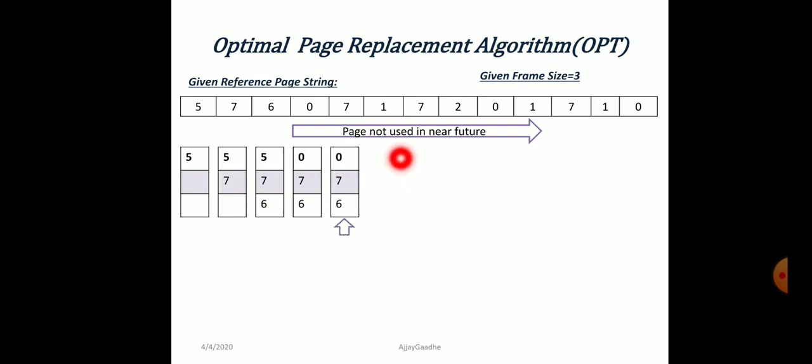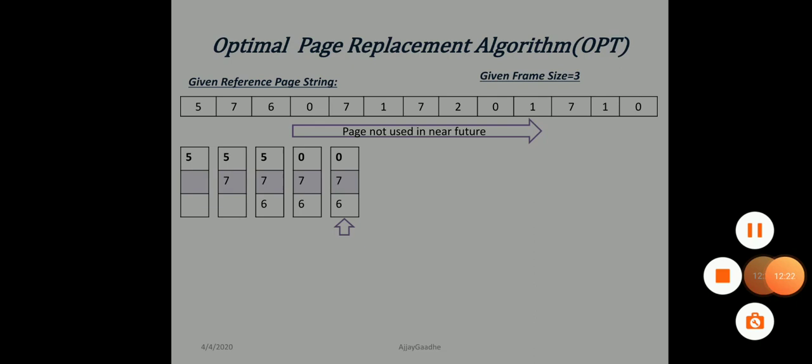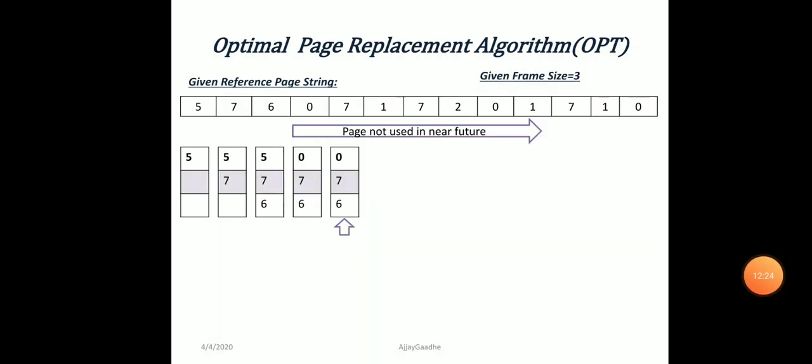The next requested page is 1. It is not there in the frame, so this is a page fault, right? So we need to replace one of the pages out of 0, 7 and 6. We will find the maximum distance in the right side, meaning out of 0, 7, 6 the page which has the maximum distance in the right side.